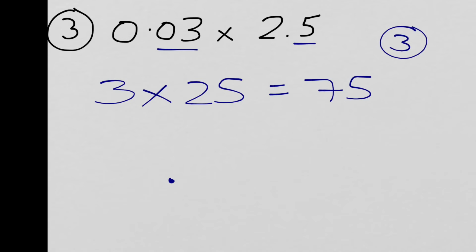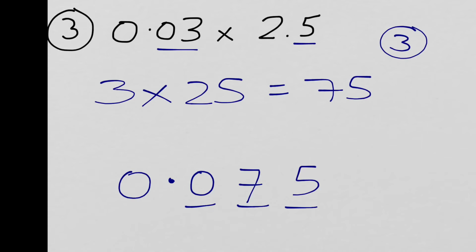Then I'm going to put the decimal place back in. So I know that there's 3 numbers after the decimal point. My answer is 75. I work back from the end. 5 goes there, 7 goes in that place value column. Then I fill the rest of the gaps with a 0. So we know that equals 0.075.